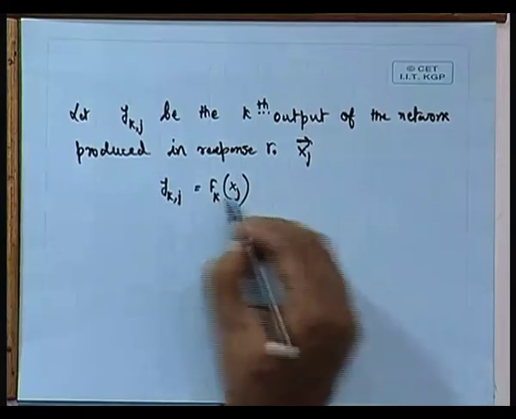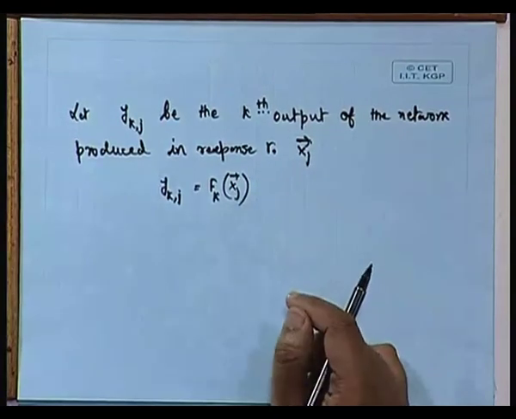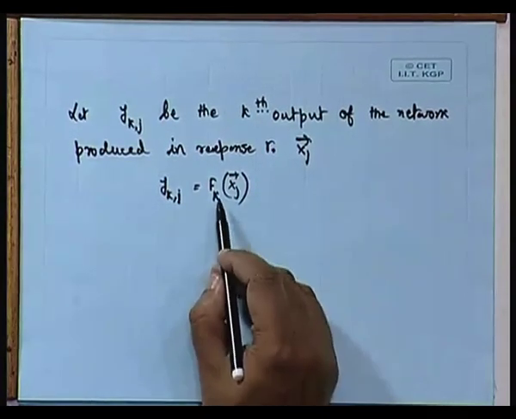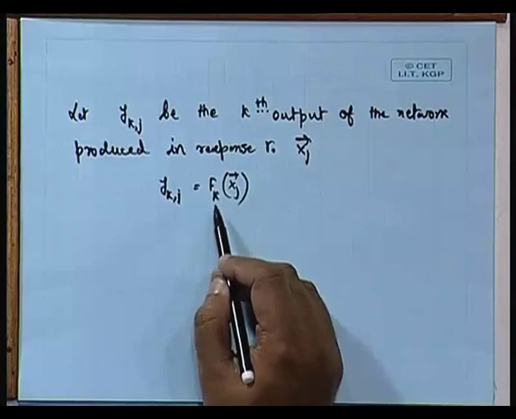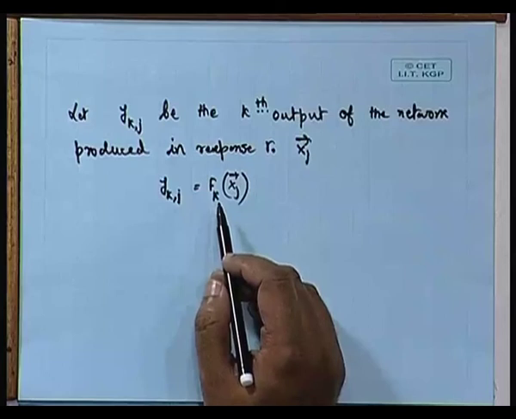In fact, we are going to write it as fk of xj, where fk is the mapping function that is associated with the kth output neuron.